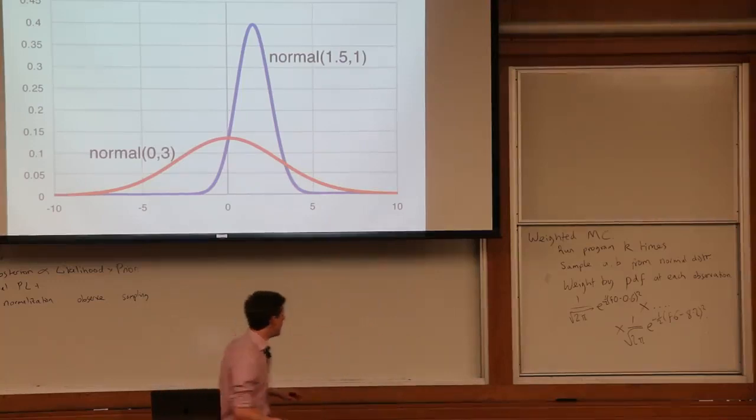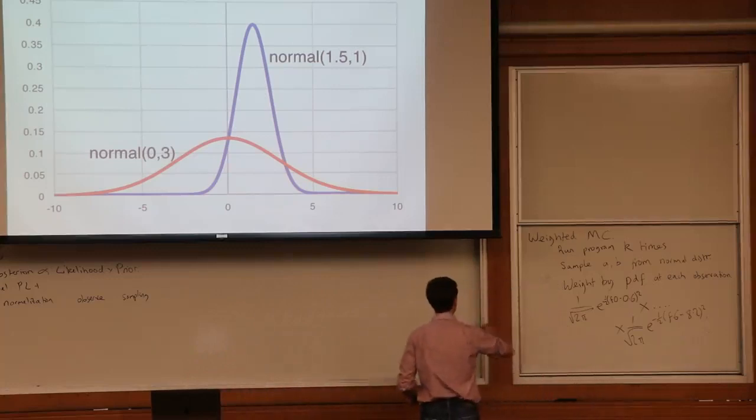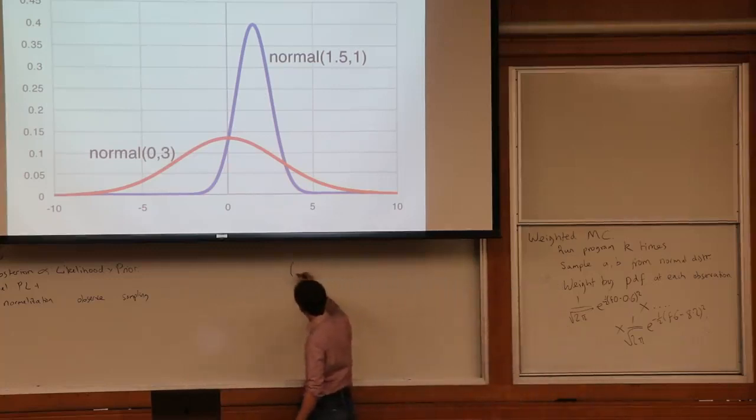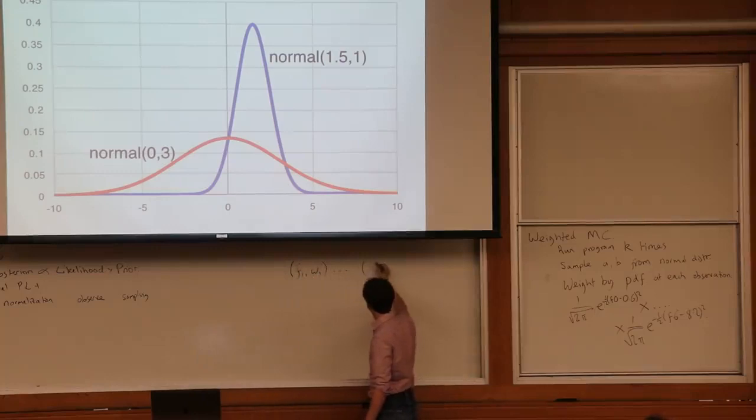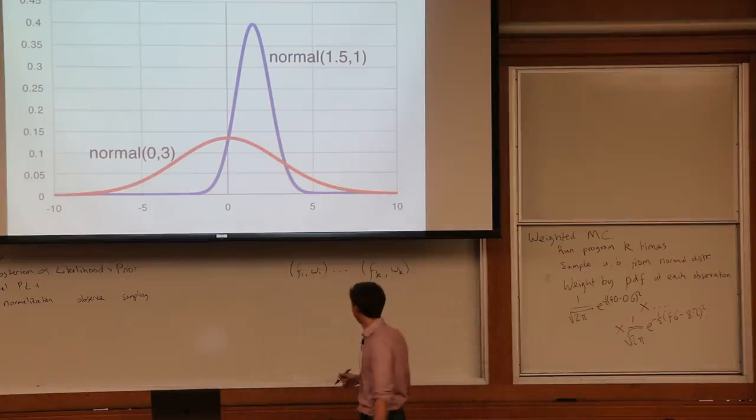Okay. So that's weighted Monte Carlo. Now, how do we actually draw from the posterior? So we built up, by running weighted Monte Carlo, these samples, f1 with a weight, all the way up to fk with a weight. There might be a million of those or whatever. And now I want to draw from the posterior.